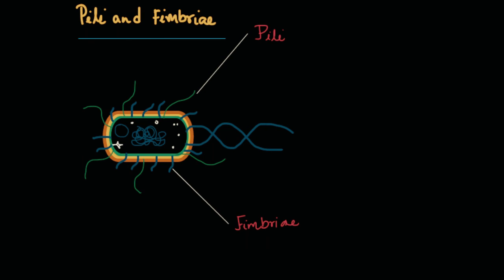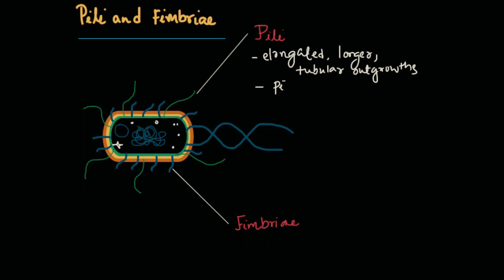Now we will learn about pili and fimbriae. Pili are elongated, longer, tubular outgrowths. They are made up of the protein pilin. The function of pili is in bacterial mating, that is conjugation.